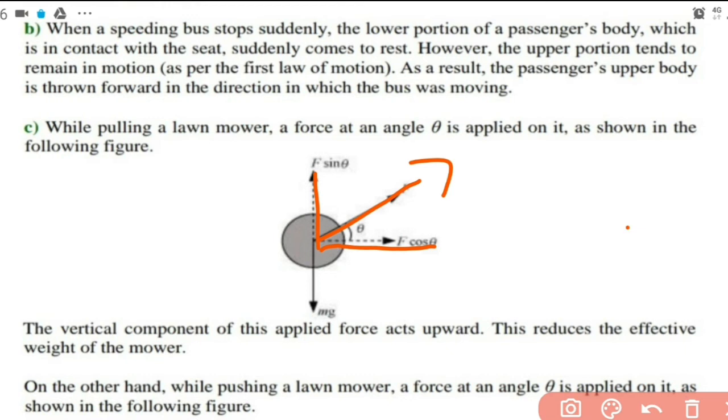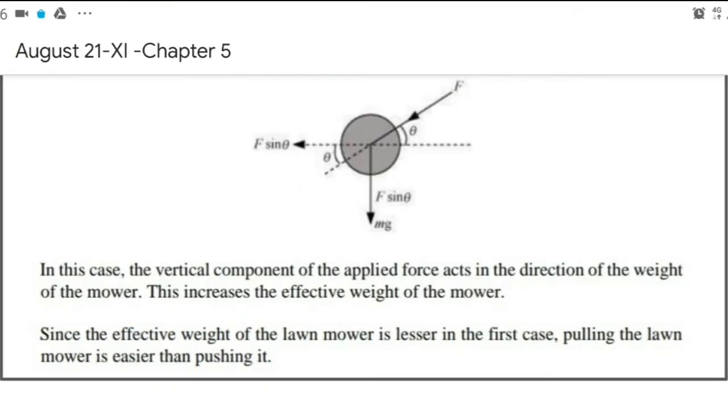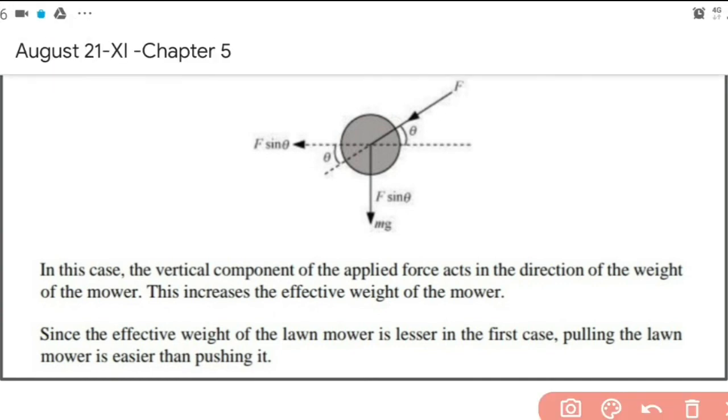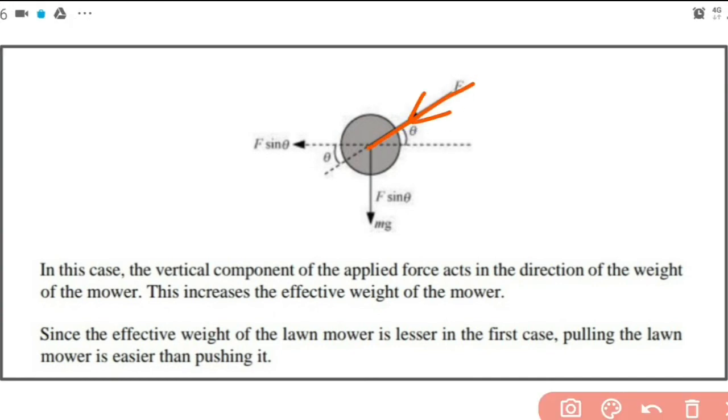Now the case of pushing a body. We are pushing the object in this direction, and here also we resolve that force into two components. Here one component comes in the downward direction, where mg is already acting. So when we push an object, the effective downward force increases, and we need to apply more force.